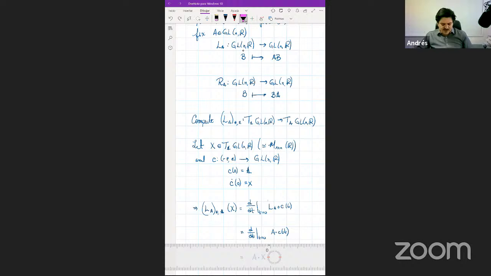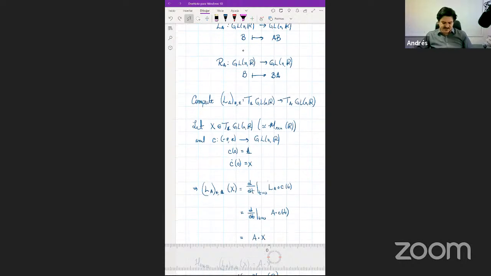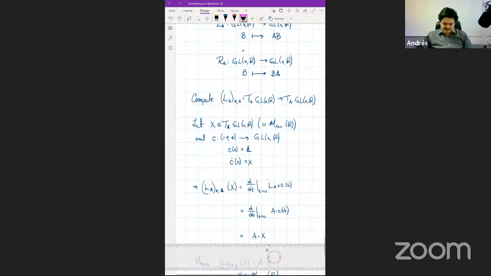So you can check that this is precisely just the derivative of the second factor, evaluated at 0, which is x. Okay? So the differential of the left multiplication by the non-singular matrix A is also matrix multiplication.